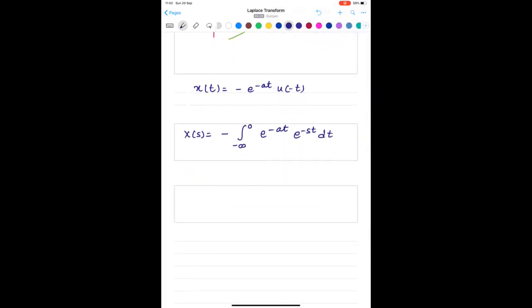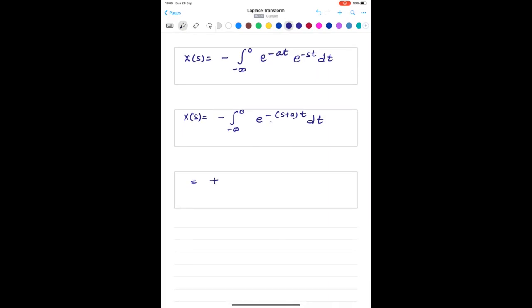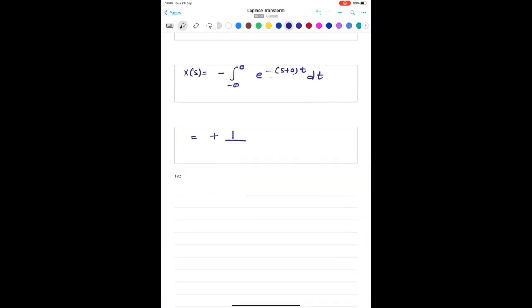dt. So if you take the integration of it, there will be a minus due to this part, so the minus will change to plus, and then it will be 1 upon s plus a.